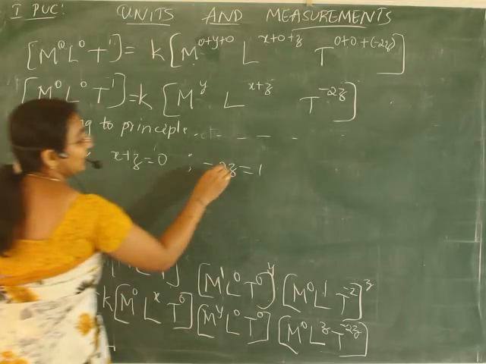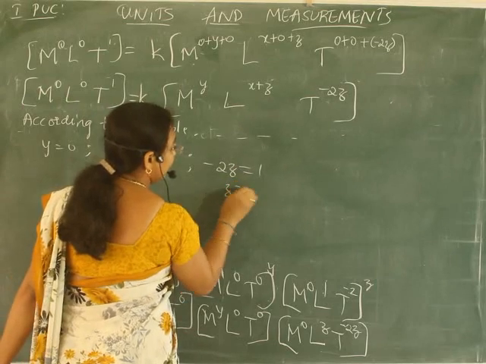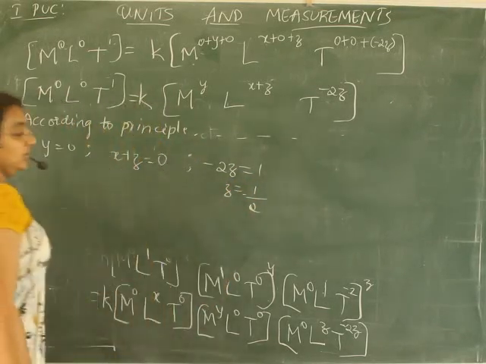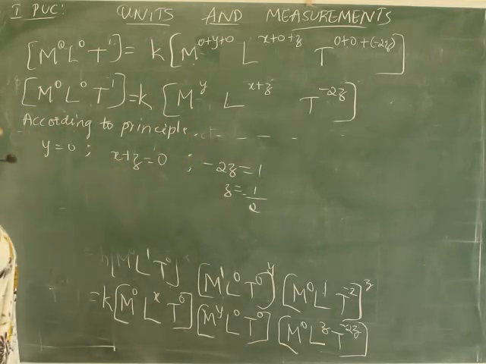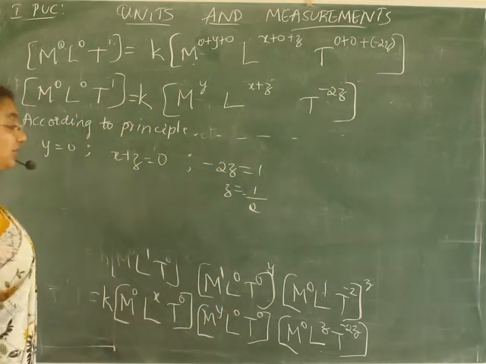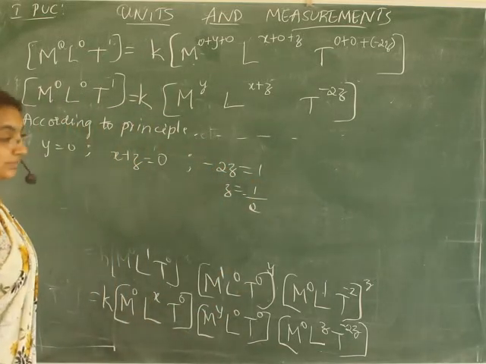Now, from this, can I write z equal to 1 by minus 2, or z equal to minus half? This 2 will go this side. So z equal to minus half.